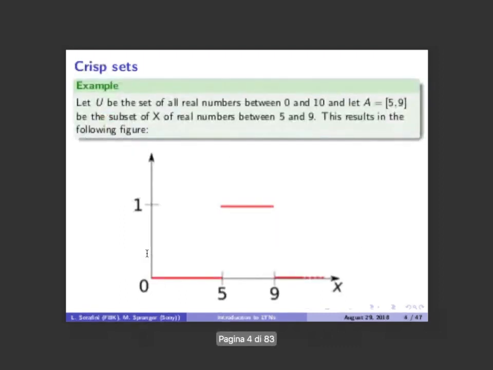And this would be a representation of real numbers in the domain of real numbers between 0 and 10. Real numbers between 5 and 9 would have that representation. Right? So this is the standard set theory.